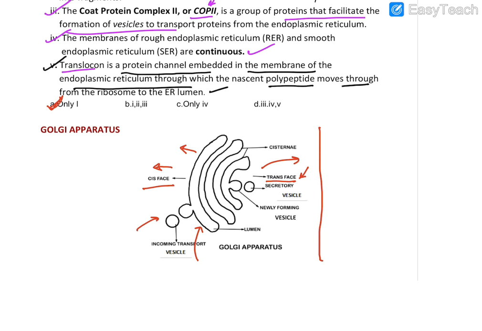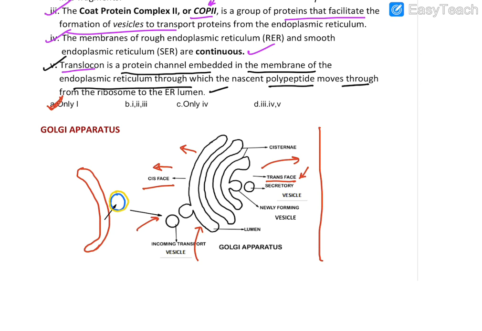Then what are the vesicles that are produced with the help of COP2 protein? For example, this will be the endoplasmic reticulum, and this is the vesicle that is produced. The vesicle that comes from the endoplasmic reticulum will be covered by COP2 protein. Such vesicles reach the Golgi apparatus.